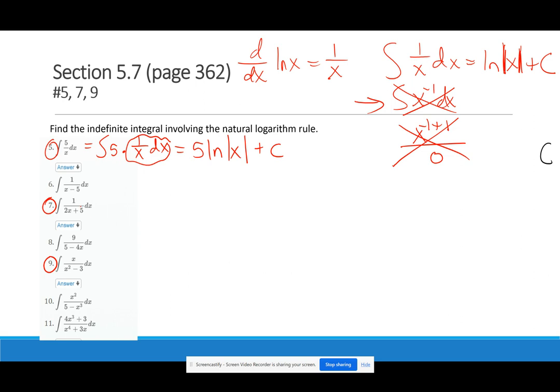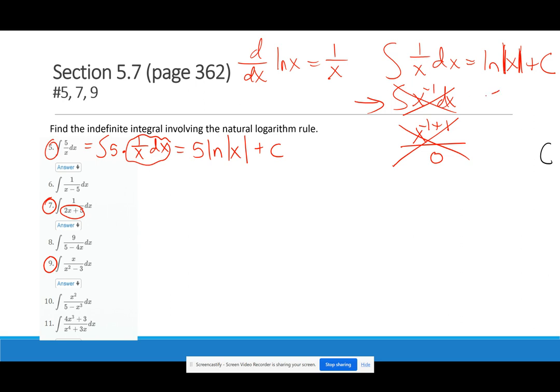When I see that this denominator is just to the first power like it is, and there's no other x's there, I'm thinking, hey, this is going to be a natural log type problem because that denominator is just to the first power. So it's like I have the 2x plus 5 in parentheses to a -1, right?